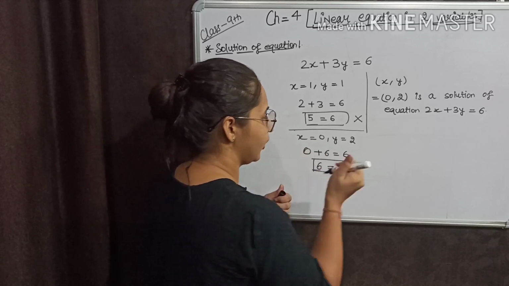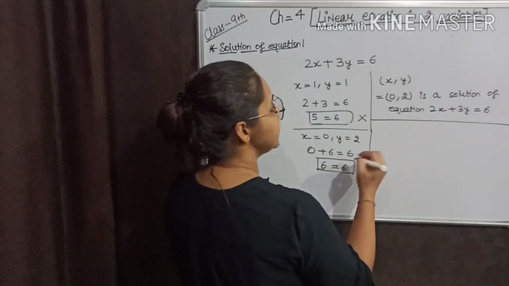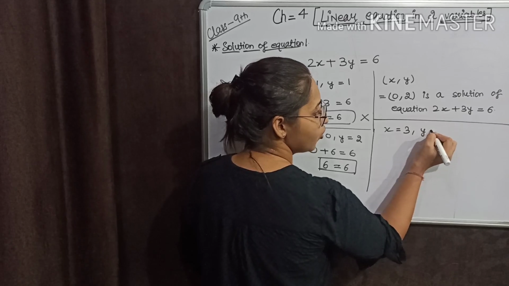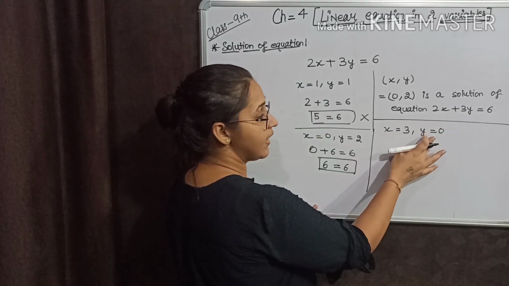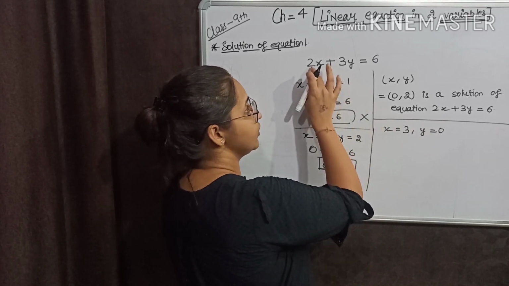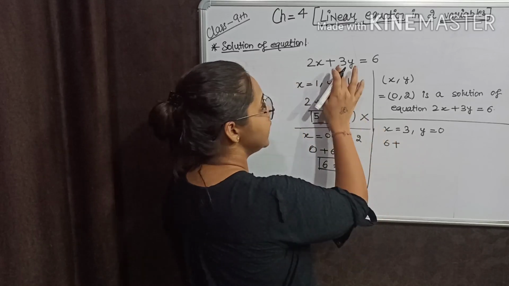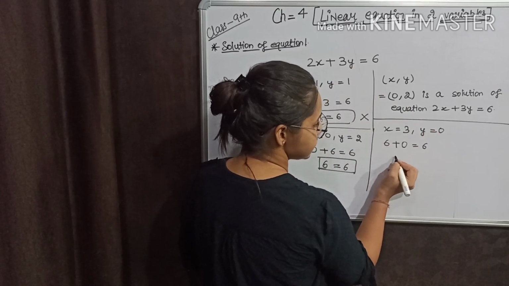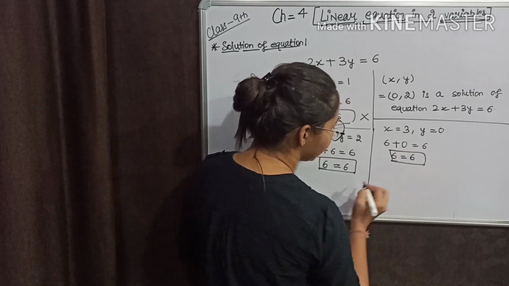Now, is there only one solution or are there other solutions? Let us find. If I put x is equal to 3 and y is equal to 0, 2 multiplied by 3 gives you 6, plus 3 multiplied by 0 gives you 0, so 6 plus 0 is equal to 6. Both sides are equal.